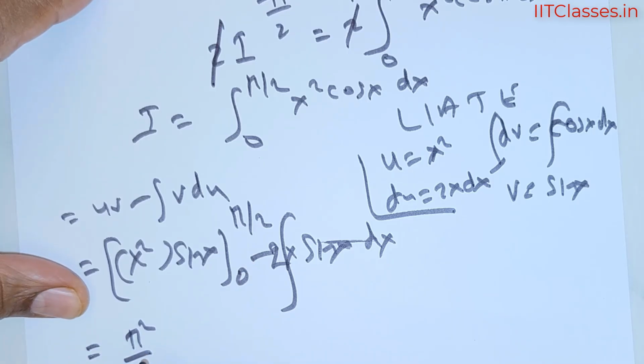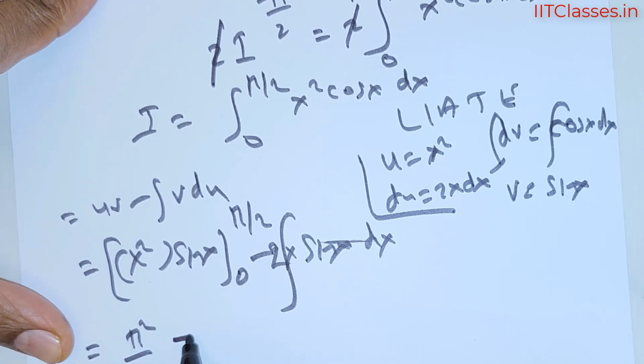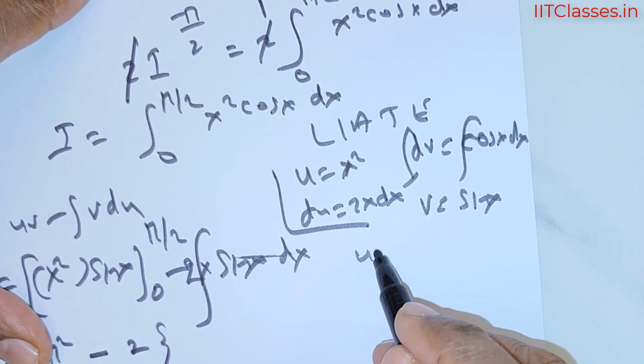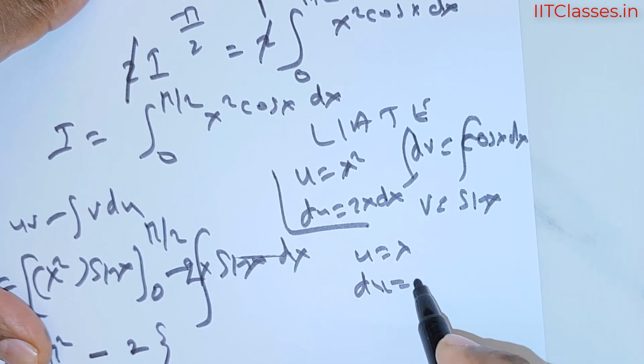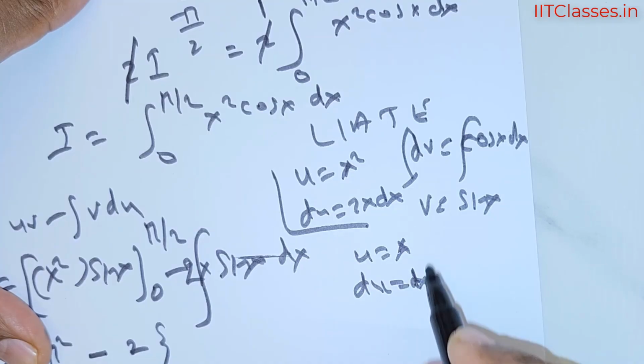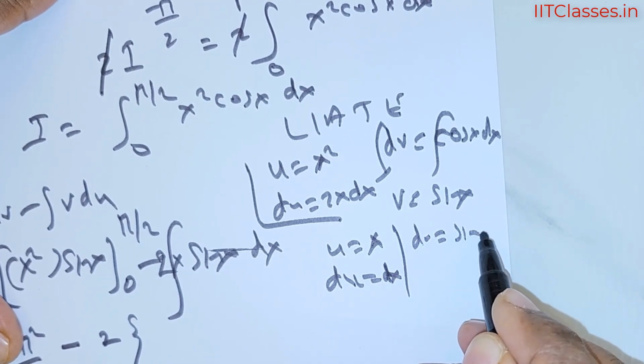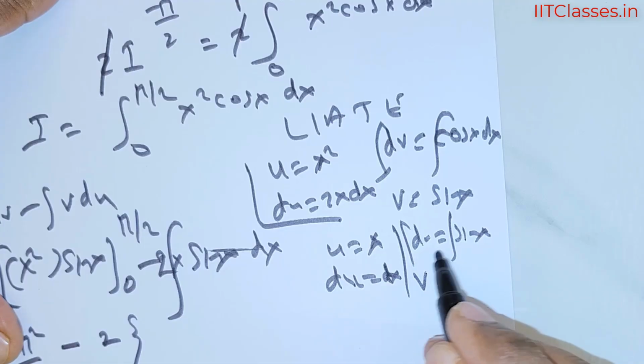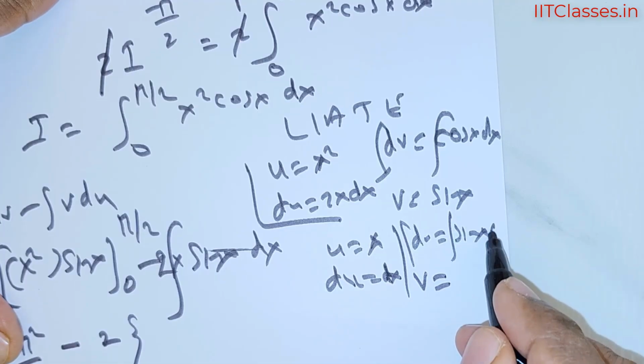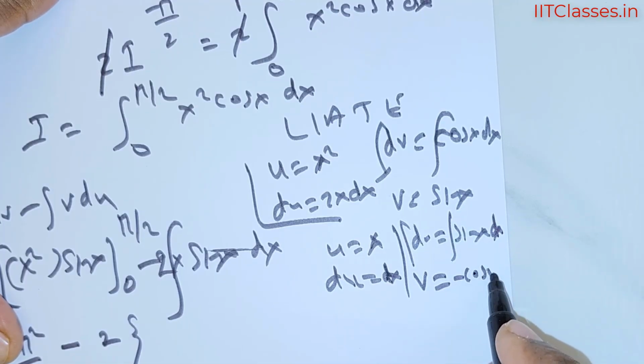So this one will be a 0. Followed by 2 times, now I need to apply the uv formula again. So u is equal to x, du is equal to dx, and dv is equal to sin x dx. Integral of dv will give me v, integration of sin x is going to give me negative cos x.